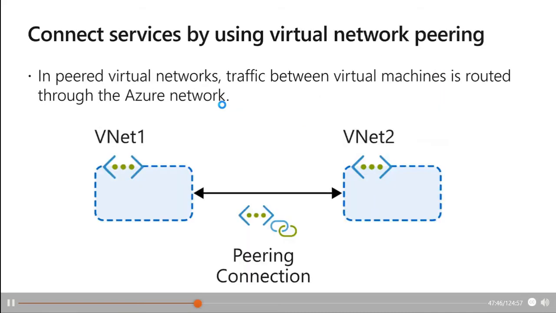Connect services by using virtual network peering. This has become a very popular approach, especially when I need to connect different networks. I can just establish a peering connection, and I'm going to do a demo on this, and you're going to see how easy it is to set up a peering connection.